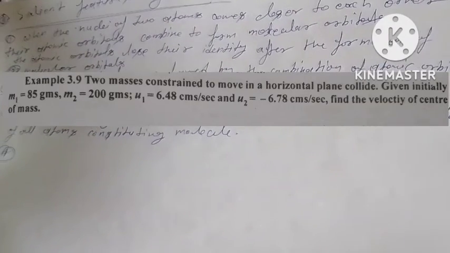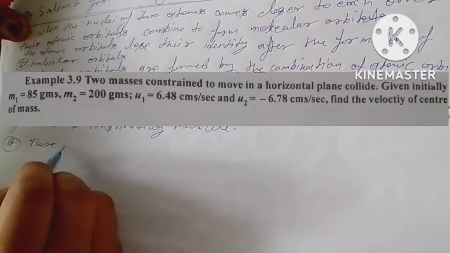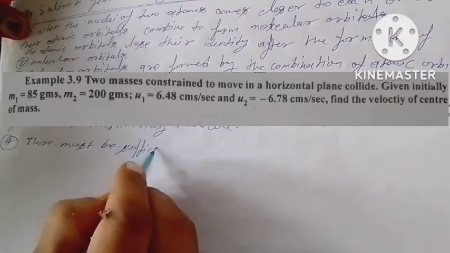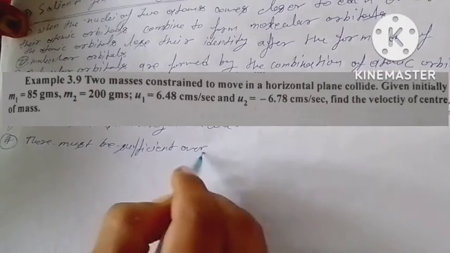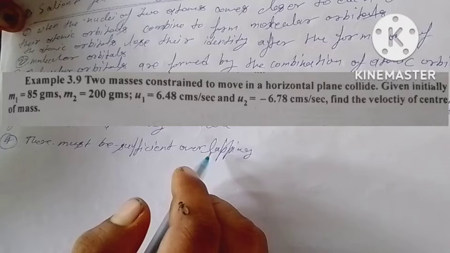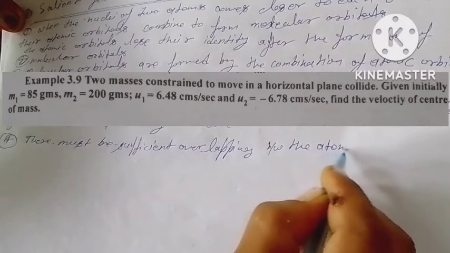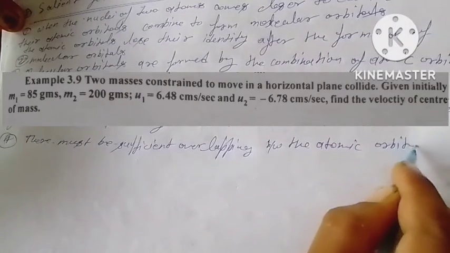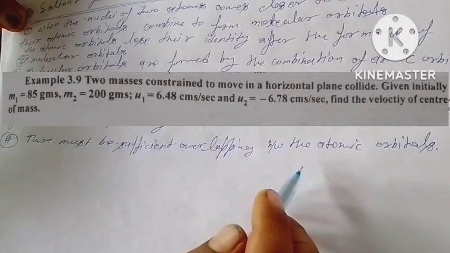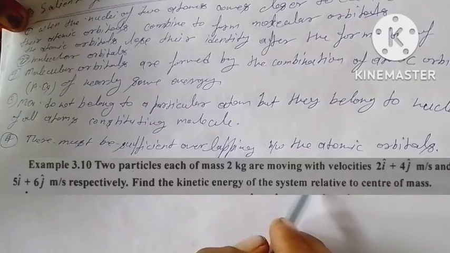Fourth point. There must be sufficient overlapping between the atomic orbitals.